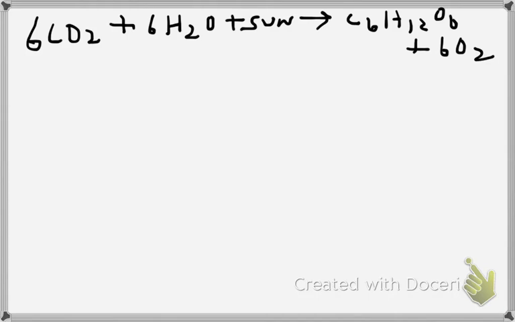But just like cellular respiration happens in many little steps, photosynthesis happens in many little steps. And those little steps can be grouped into 2 broad reactions.